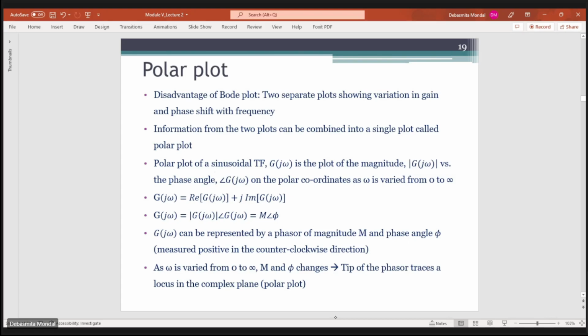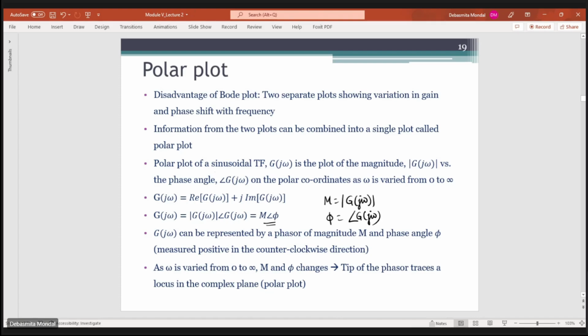Since this sinusoidal transfer function is a complex quantity, we can expand it and write it as some real quantity plus j times the imaginary part. It can also be written as magnitude angle phi, where M is the magnitude of G(j omega) and phi is equal to the angle of G(j omega).